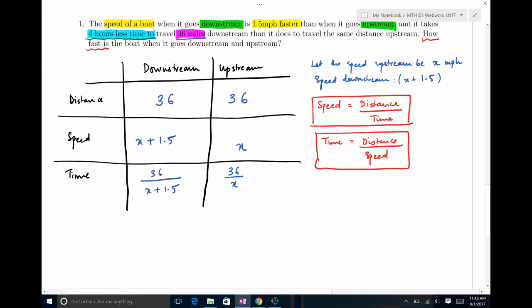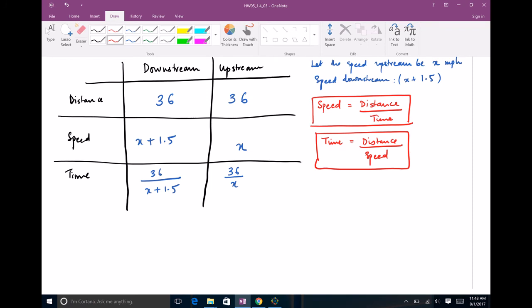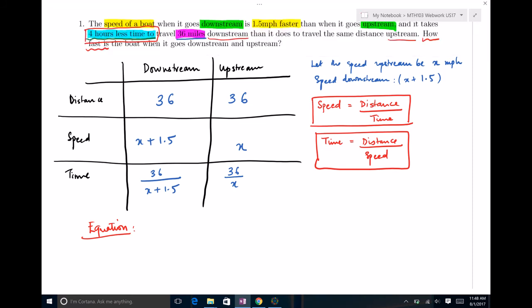Except there's one thing we didn't use. We haven't used that it takes 4 hours less time to go downstream than it takes to go upstream, the same distance. So this is what is going to give me the equation that I'm looking for. When it goes downstream, it takes 4 hours less time.